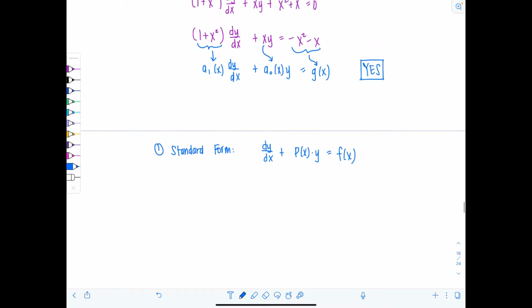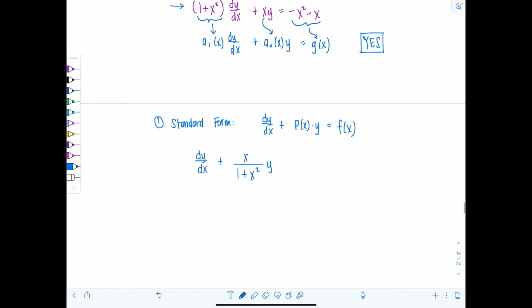All right, so let's isolate dy dx. In order to do that right here, I'm just going to divide everything by 1 plus x squared. Can you see that? All right, good. So we've got dy dx plus x over 1 plus x squared times y. I like to write that little y a little off to the side so I can clearly identify what the p of x is, right?